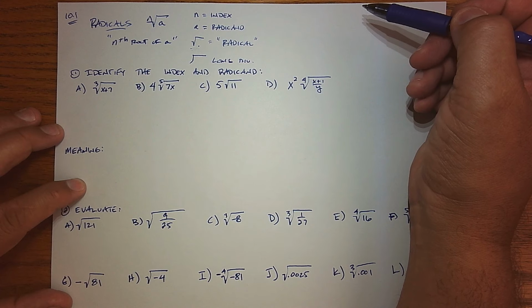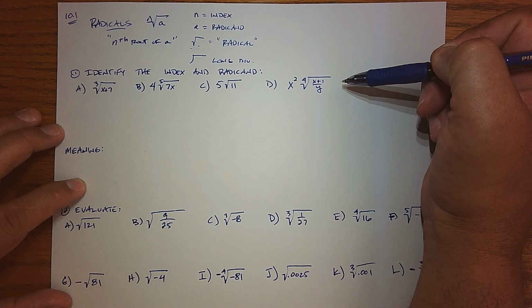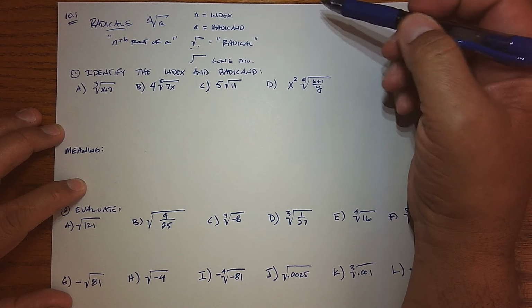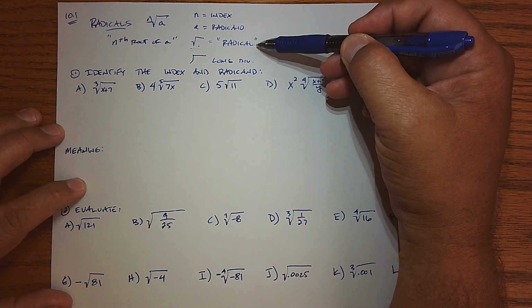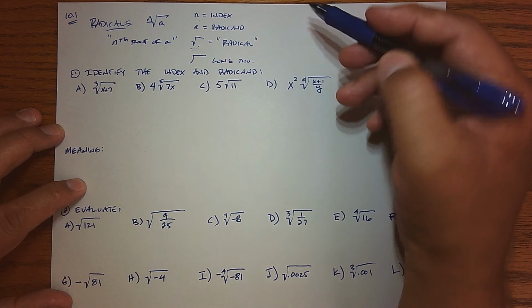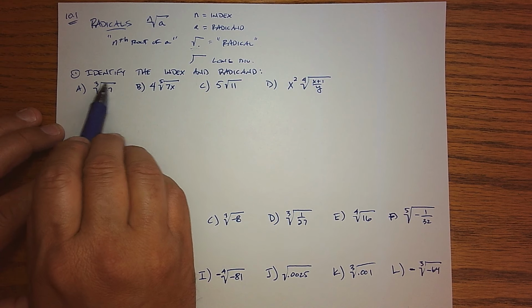We'll talk a little about its meaning, but right now, with just that definition, let's take a look at some expressions and try to identify the index, the radicand, and essentially what's inside. When I look at this first one, I see that symbol right here.